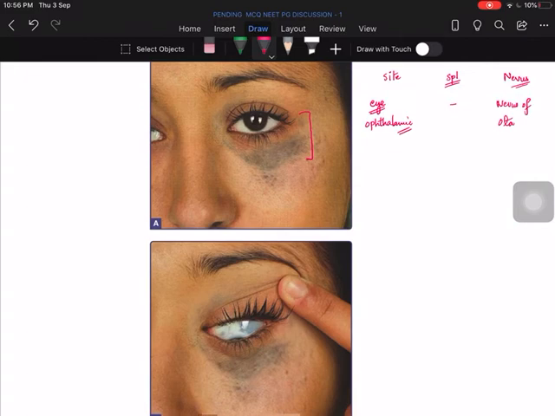If the site is the shoulder and back and no special characteristic, it is nevus of Ito. If it is on the shoulder, back and chest, and there are special characteristics like hypertrichosis, then it is Becker's nevus.